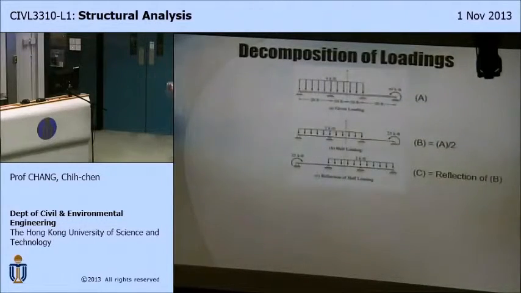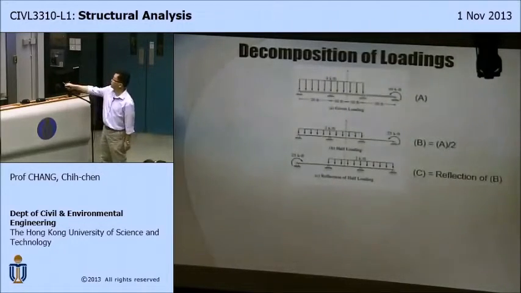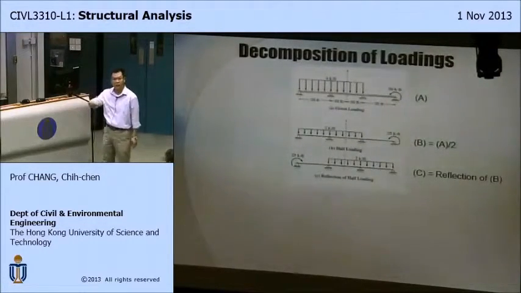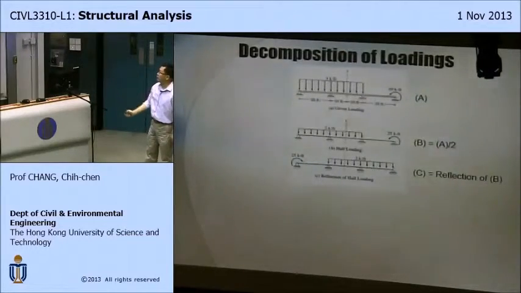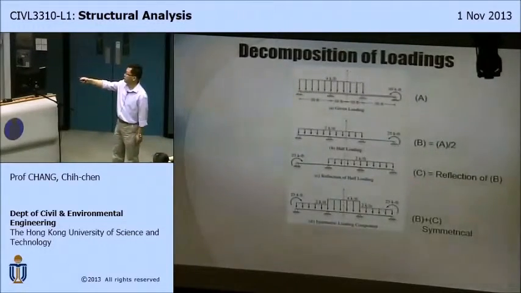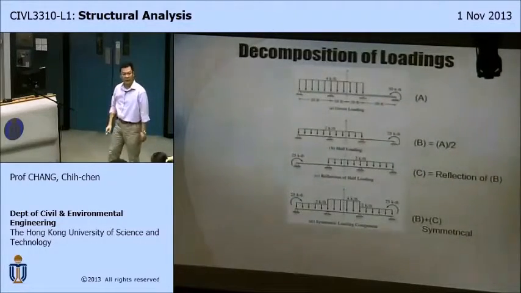And then do rotations of 180 degrees. Rotate the whole system by 180 degrees. Then I do this plus that. I add these two up. I call this B and this C. I add these two up, and you notice that it becomes symmetrical loading.